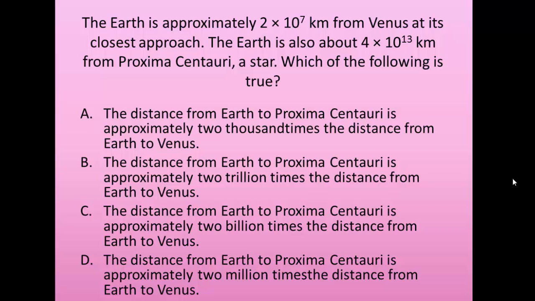Okay, so here's another one. So the Earth is approximately 2 times 10 to the 7th kilometers from Venus, when Venus is at its closest approach to us. The Earth is also about 4 times 10 to the 13th kilometers from the star. So which is true?